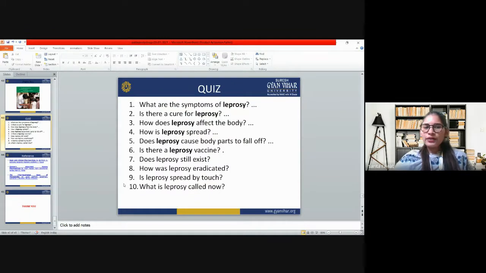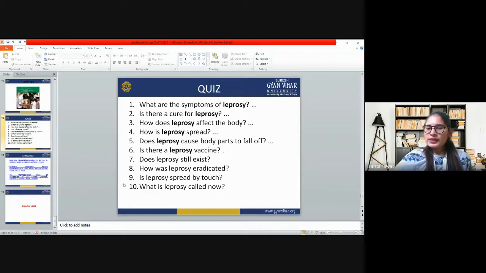Now, I have included some quiz questions for you regarding these anti-leprosy drugs, so you can easily answer them while going through the lecture. The questions include: What are the symptoms of leprosy? Is there a cure for leprosy? How does leprosy affect the body?